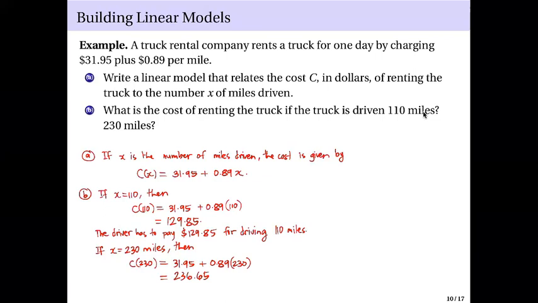So please check my calculation. So this means the driver, or the renter, has to pay $236.65 for driving 230 miles. Okay? Questions?